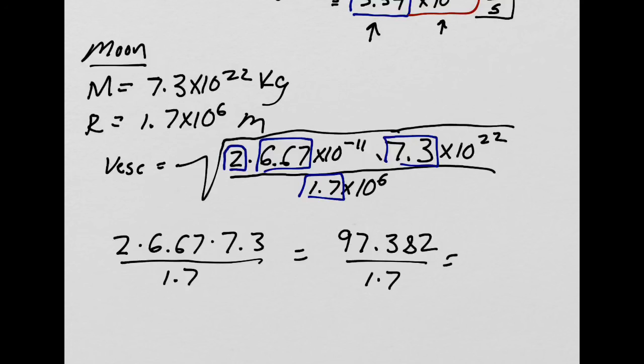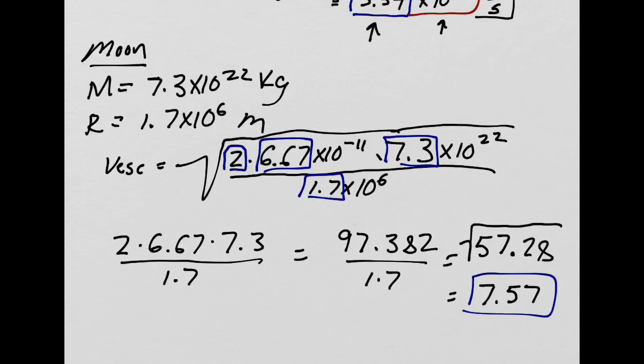If we do that division, we get 57.28. And then we have to take the square root because all of this stuff is under the square root. So if we take the square root of our whole value, we get our final prefix to be 7.57. Our prefixes are in blue, so that is our final prefix.